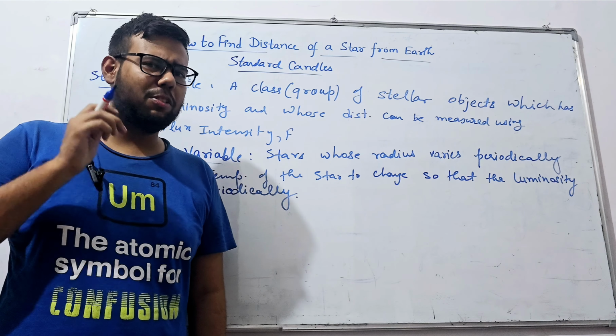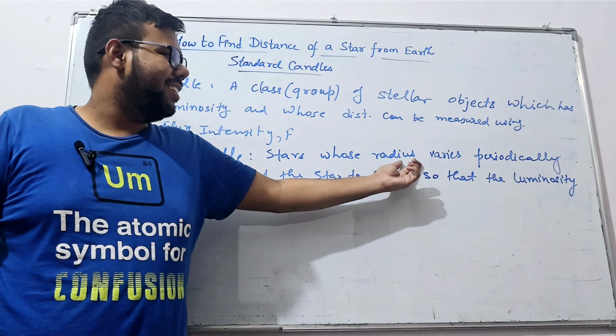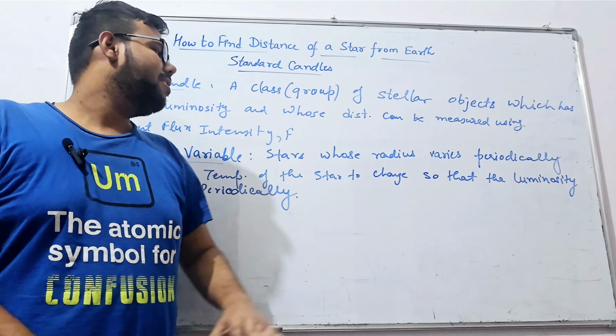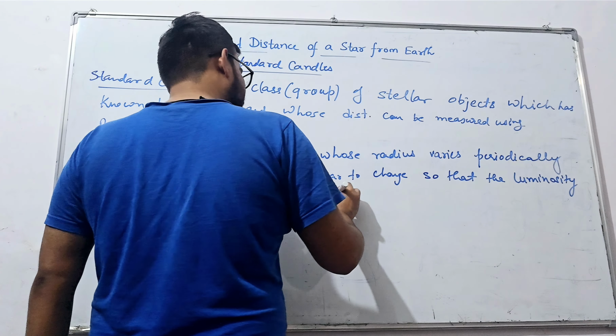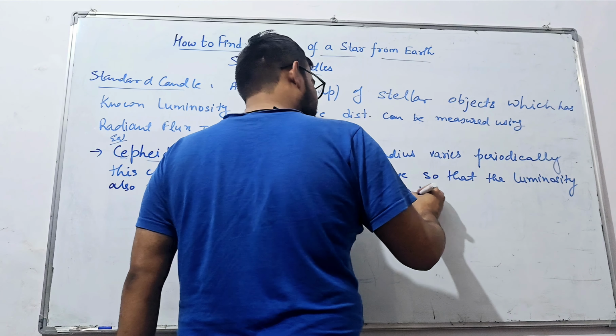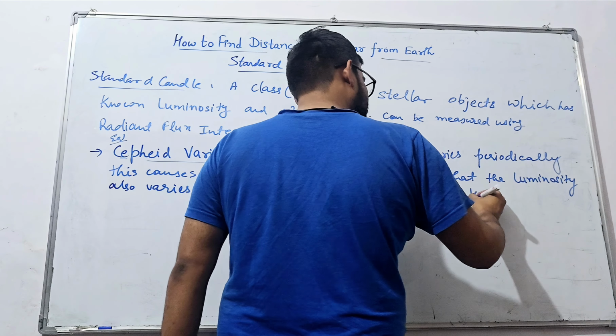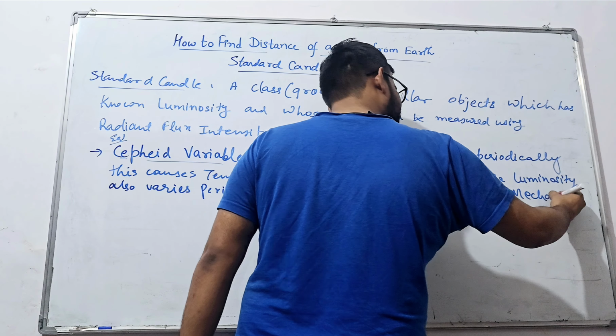So the first question which might have come to your mind is why the radius is varying, and that too periodically. Well, the radius varies due to the Kappa mechanism. What is it?